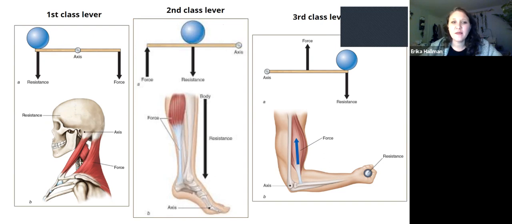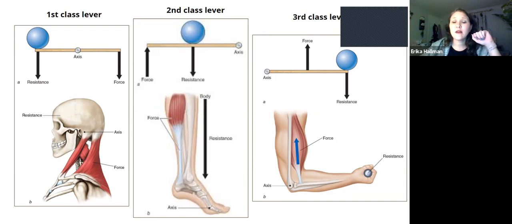First class lever, a great example of that is when you're nodding your head. All right, you have an access point on the atlas bone of your body. Your resistance would be the side of your head that you're trying to raise up. And then the force would be the back trapezius muscles of your neck.